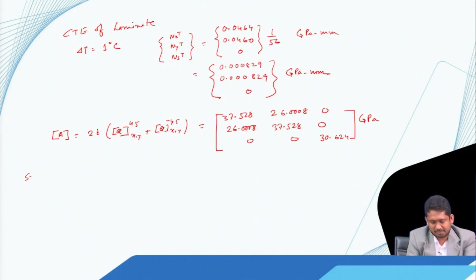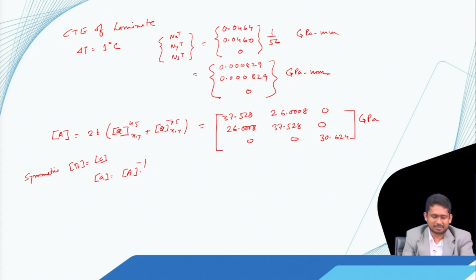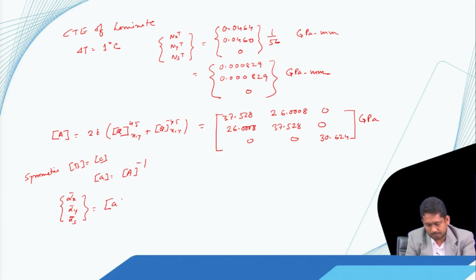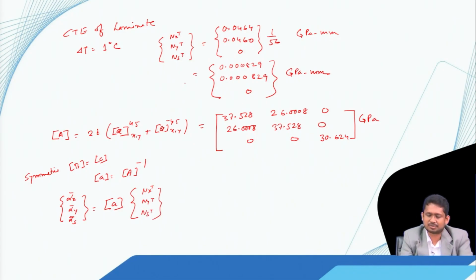Now, it is a symmetric laminate, so the B matrix is 0. So, that tells me that the small a matrix is just the inverse of the capital A matrix, and then we write the formula: alpha x bar, alpha y bar, alpha s bar is equal to small a matrix multiplied by NXT, NYT, NST again for unit temperature rise.